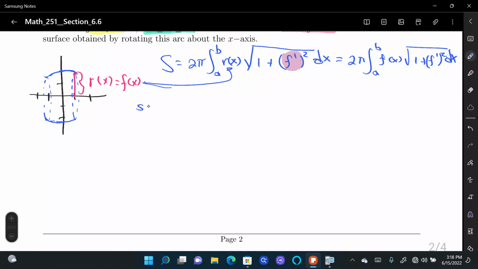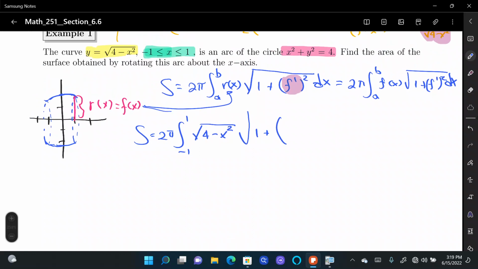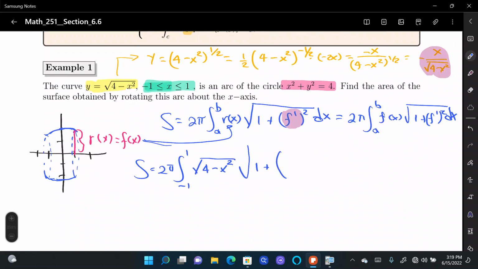So S, the big S, is 2 pi, the integral from negative 1 to 1 of f of x, and in this case the function f of x is the square root of 4 minus x squared, times the square root of 1 plus the derivative of the function, which we found before, that's negative x over the square root of 4 minus x squared.